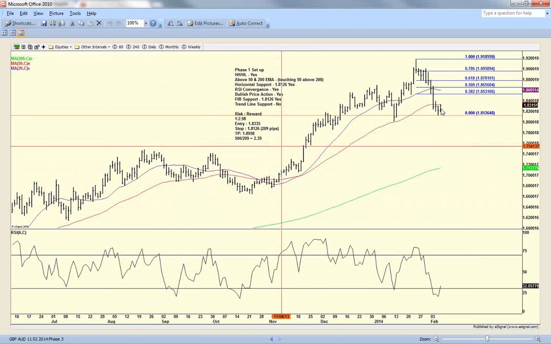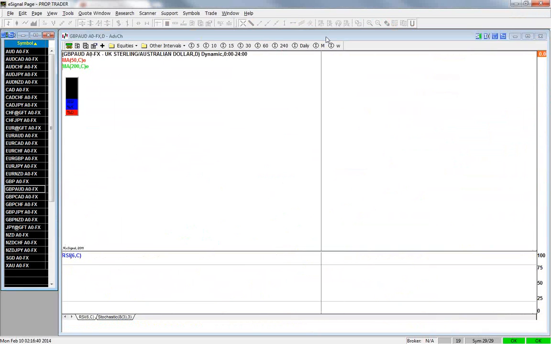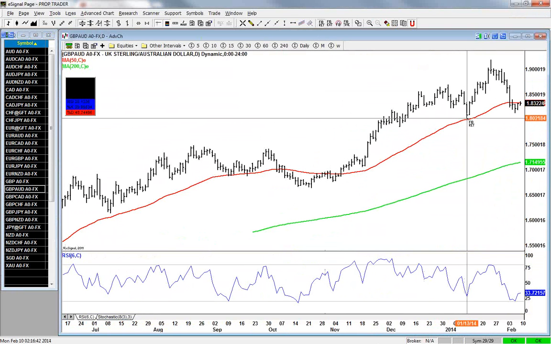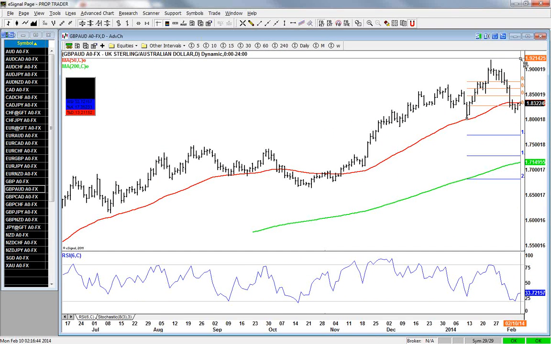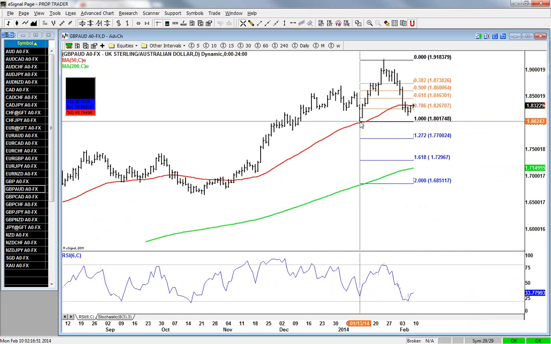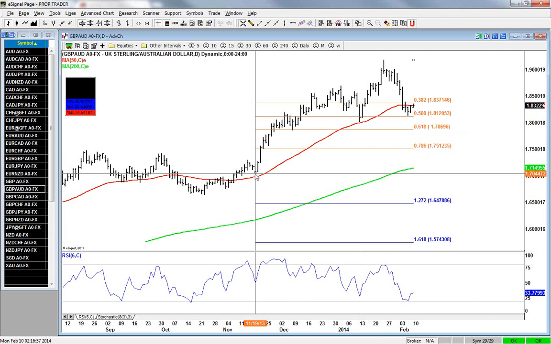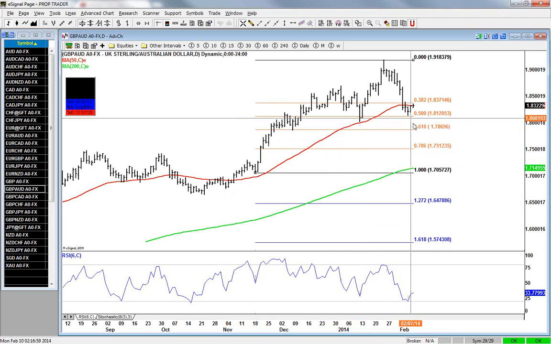Pound Aussie you're looking at. Fib. No, that's wrong. You're doing your fib from there to there. That doesn't mean it's got support. It's very wrong. Very wrong indeed. Okay. You've got to say your fib is from there to there. Yep. And so you've got the 786. Well, you can also go to here and say you got the 50. But from there to there is 786.